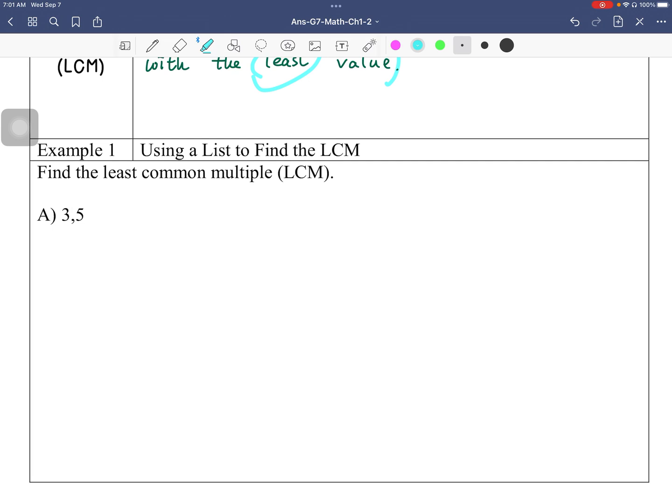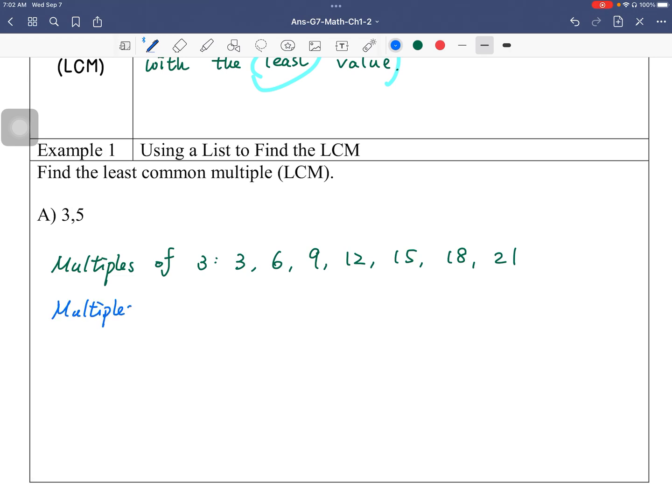So for multiples of 3, we have 3 times 1, 3 times 2, 3 times 3, up to 3 times 7, and then multiples of 5: 5 times 1 up to 5 times 7.